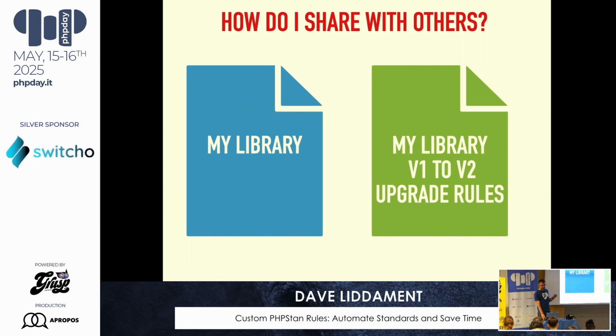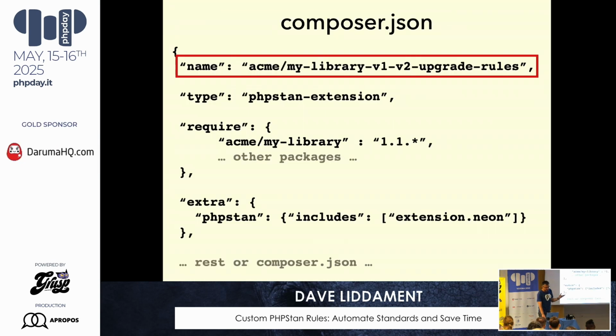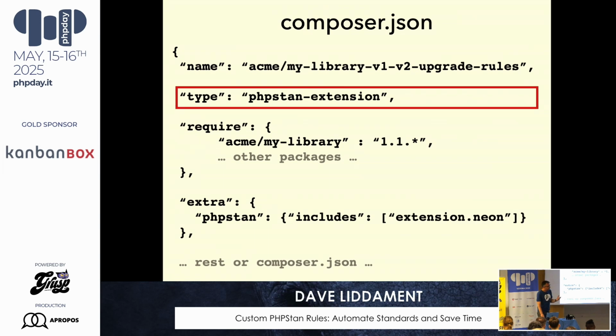And there's a few things about the composer.json file for this library. The first thing, we'd have a name. It's pretty standard, but the type, we would say it's actually a PHPStan extension. So that means if people are searching for PHPStan extensions in Packagist, they're much easier to find because you can search on types in Packagist.